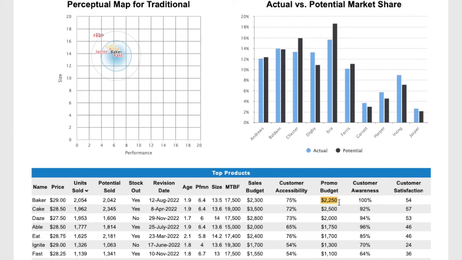So that could be the number that the rest of the team, that maybe you think need to improve some of your marketing expense, so that your product will be accessible or increase the customer awareness and satisfaction.